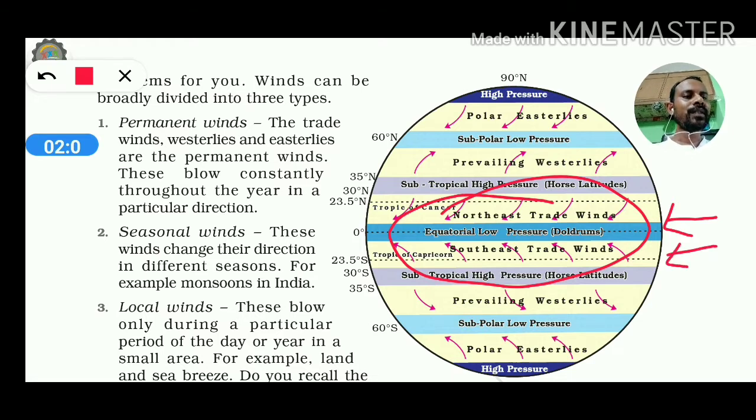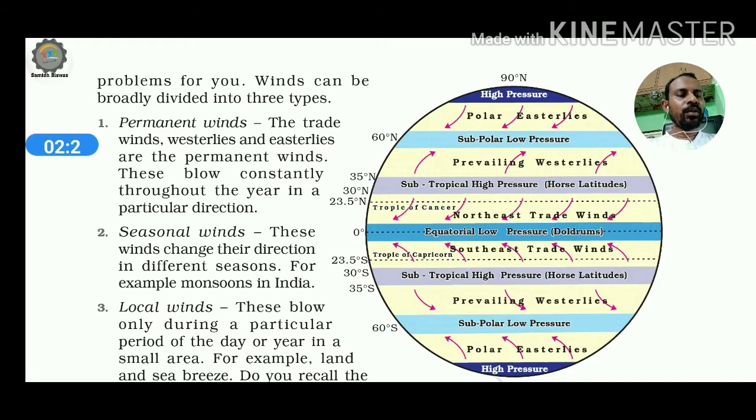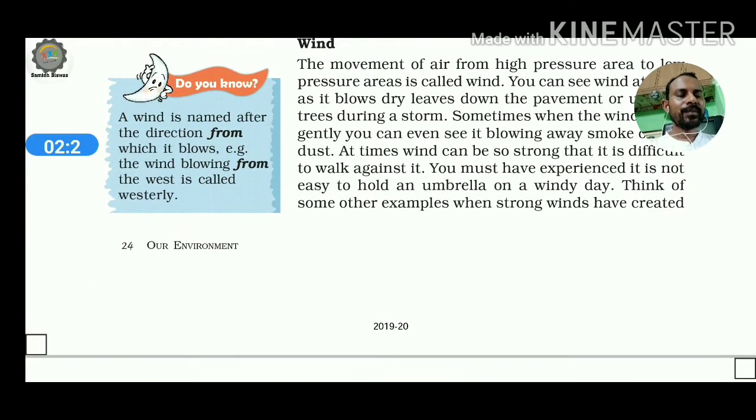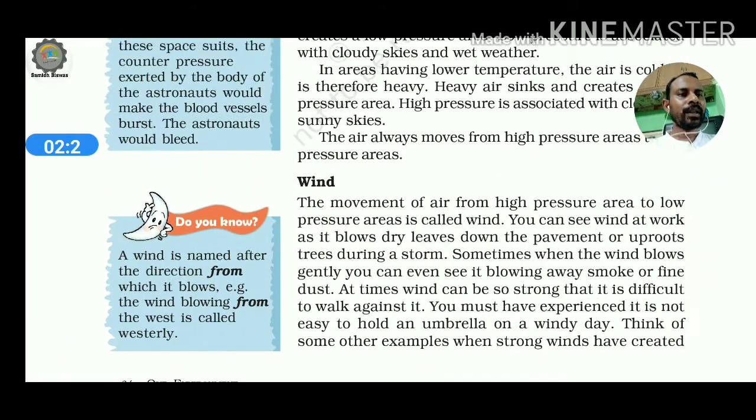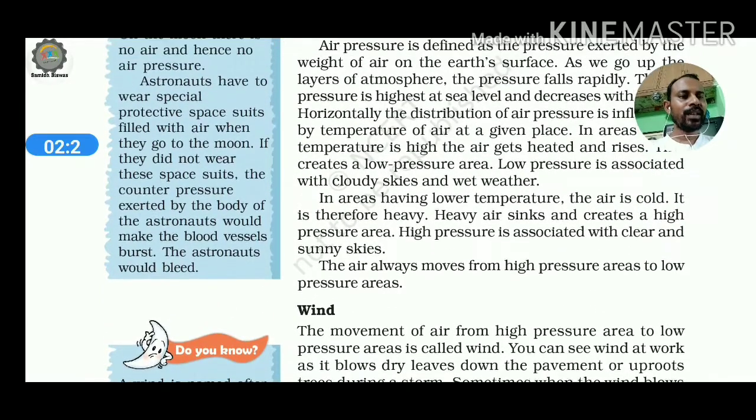That is why it is a permanently low pressure region. Low pressure means obviously that the air masses expand.